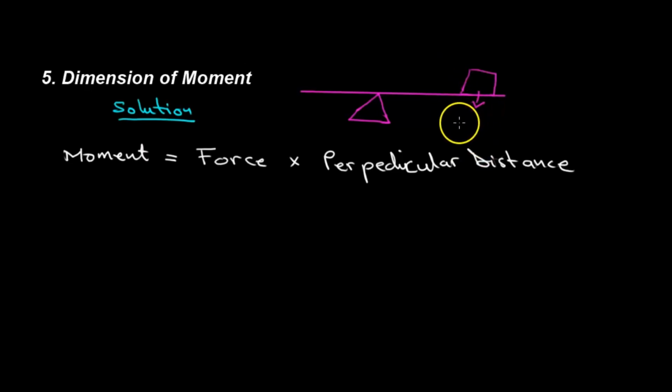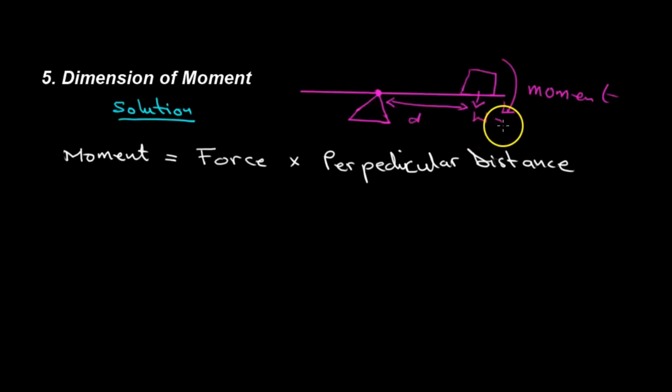Because the weight is acting downwards, I'm going to get this bar turning in this direction about this point. So this effect is what we refer to as the moment of the force that is being exerted by this load.